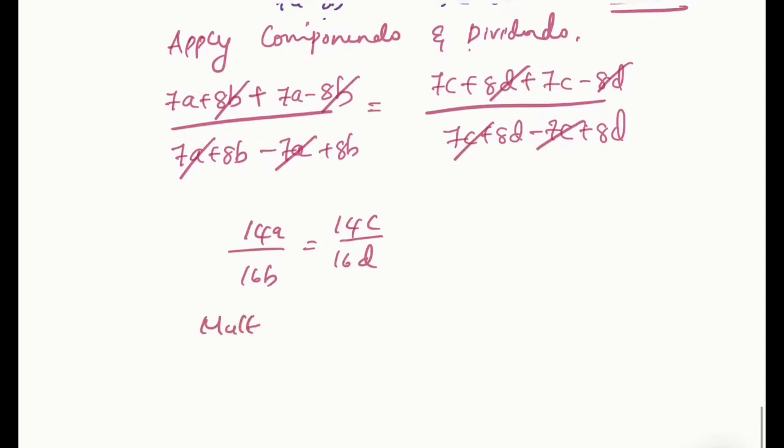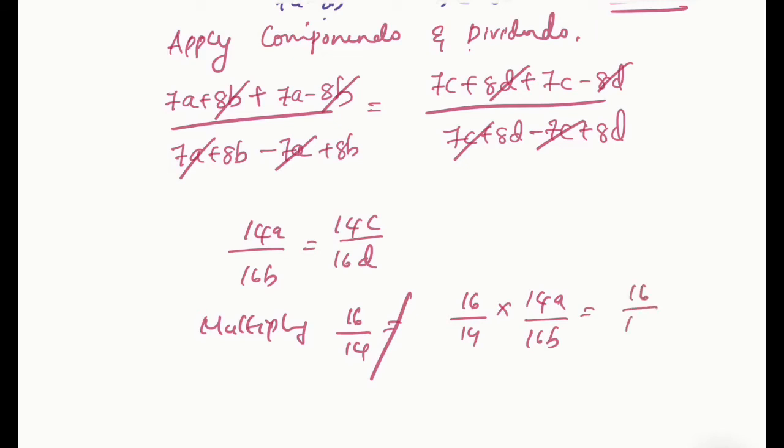What is the next step? Multiply both the sides by 16 by 14. That is equal to 16 by 14 into 14a by 16b equal to 16 by 14 into 14c by 16d. Cancel.